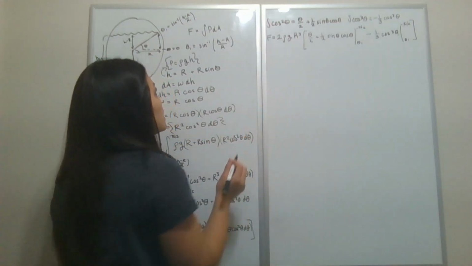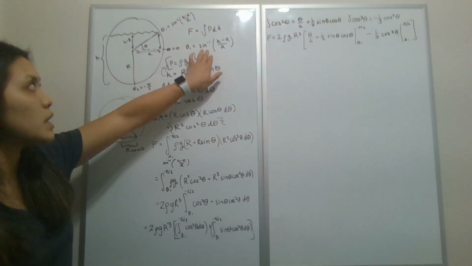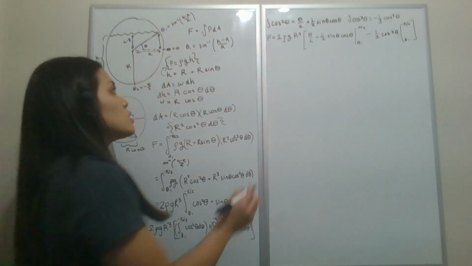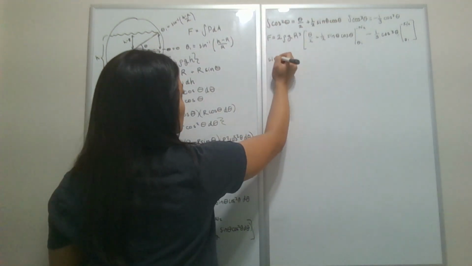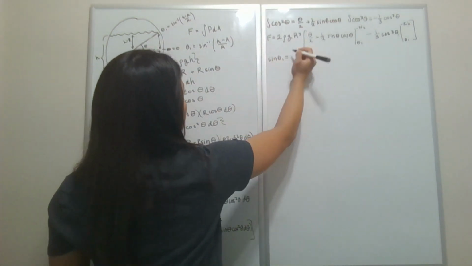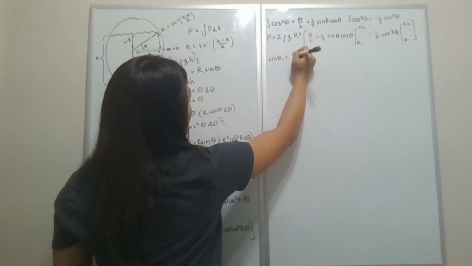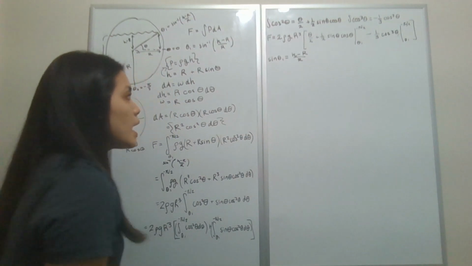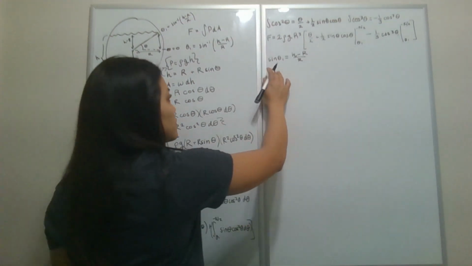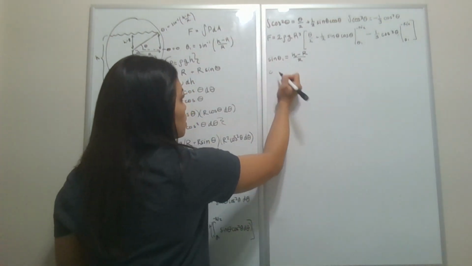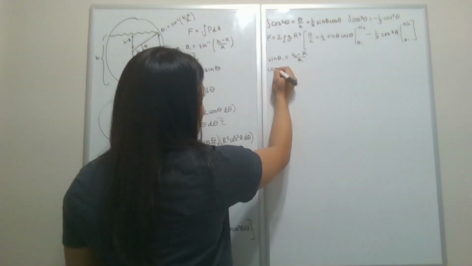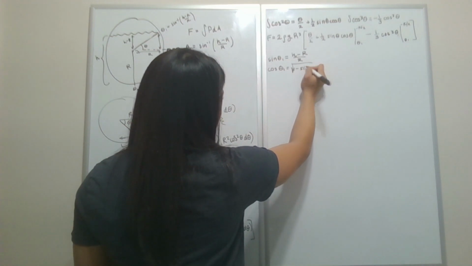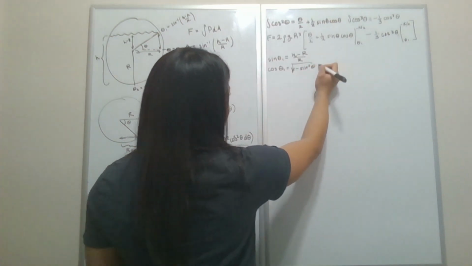So we defined theta 1 over here as arc sine of the height minus the radius over the radius. That means that sine of theta 1 equals the height minus the radius over the radius. And using sine of theta and the law of cosine and sine, we know that cosine of theta 1 is equal to the square root of 1 minus the sine squared of theta.